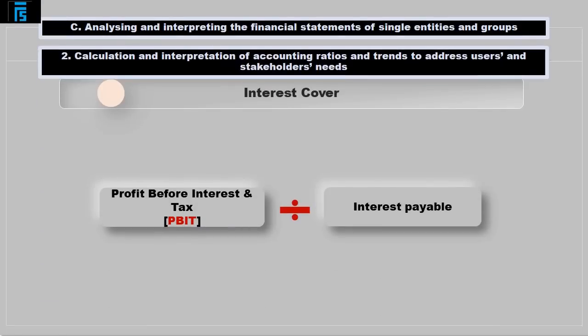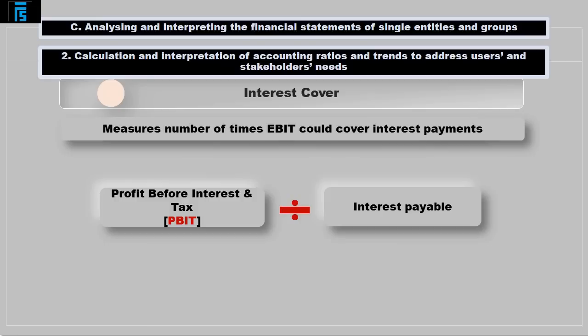To finish this module off, let's introduce another ratio that is closely linked to the level of debt carried by a business, namely interest cover, which is computed as the profit before interest and tax divided by the amount of interest payable. This ratio measures the number of times a company's EBIT could cover its interest payments.